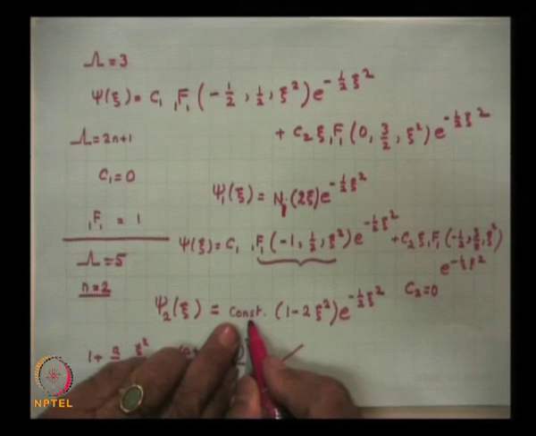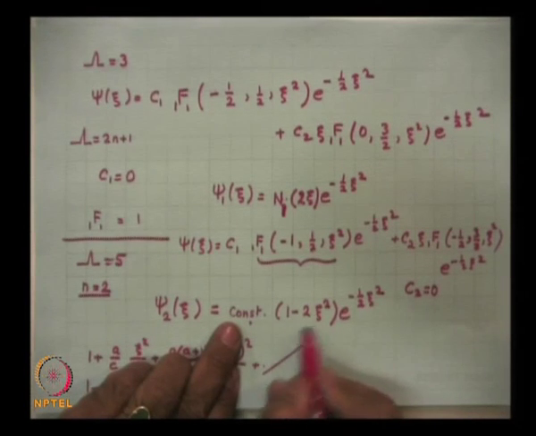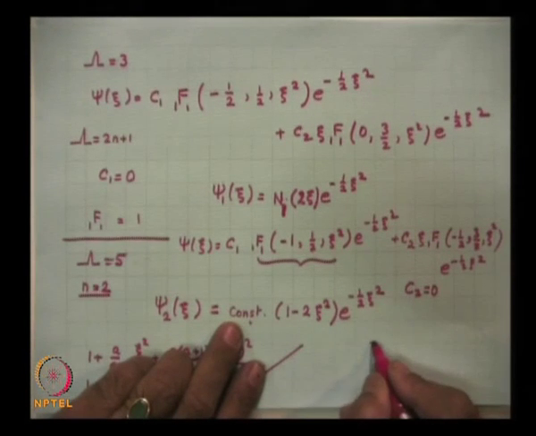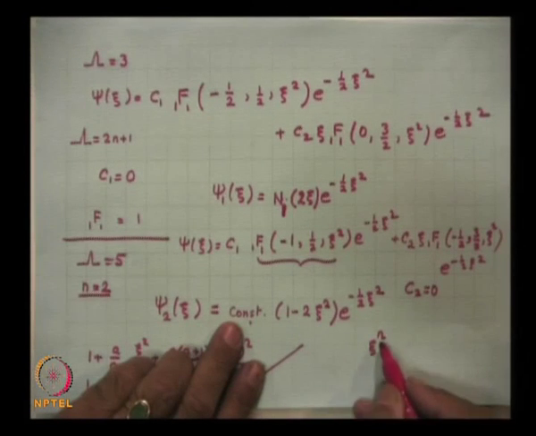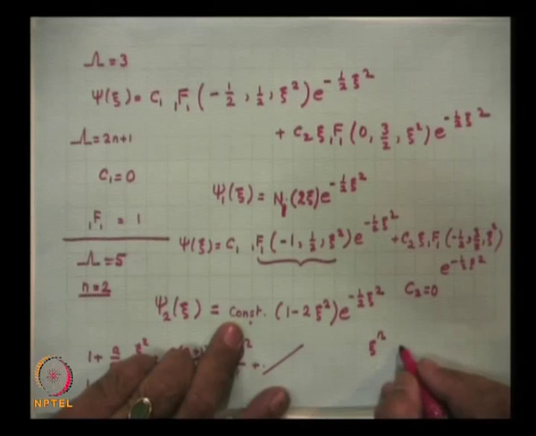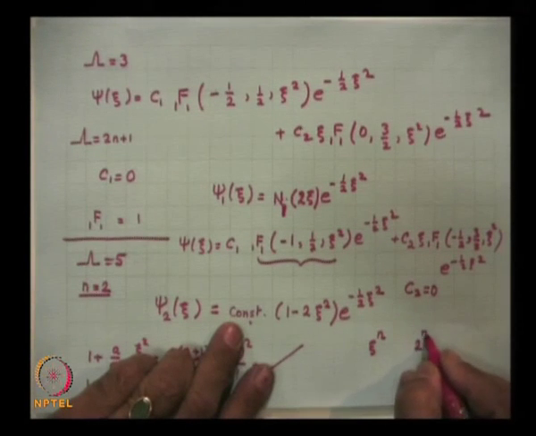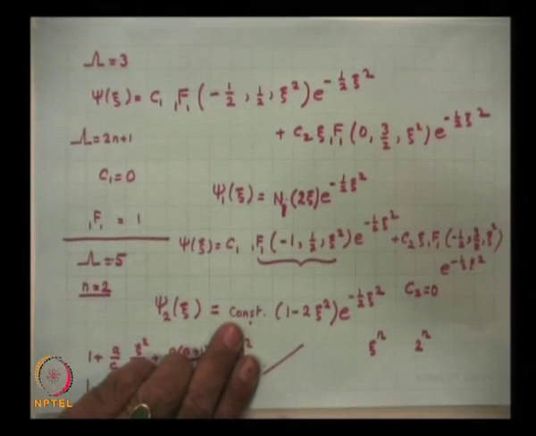I choose the constant here such that I multiply this by a factor so that the coefficient of xi to the power of maximum power n, in this case xi square, is 2 to the power of n. So, I multiply by, actually, minus 2.